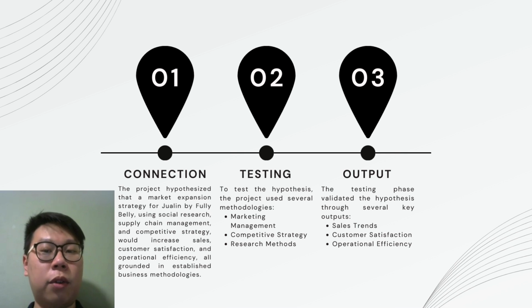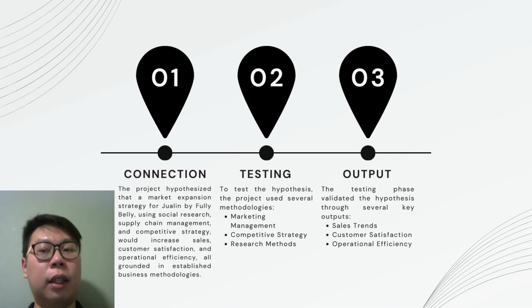Next, competitive strategies applied Porter's framework to analyze the industry dynamics, identify the business's unique value propositions, and differentiate it from competitors, focusing on market expansion. Lastly, the research method followed rigorous and ethical practices from Saunders, Lewis, and Thornhill to ensure reliable data collection and well-analyzed conclusions, providing a strong foundation for validating the hypothesis.